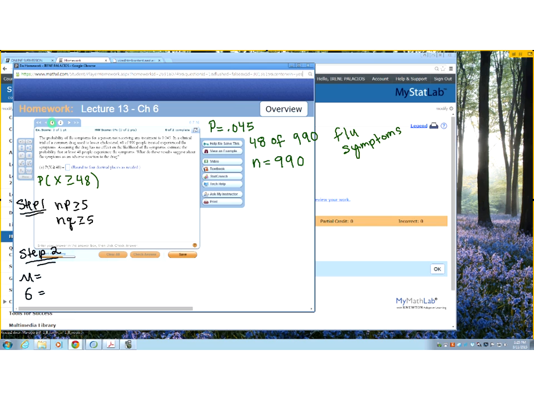All right, so the next part is that we have to find our mean and our standard deviation. So the mean is n times p, and the standard deviation is the square root of n times p times q.